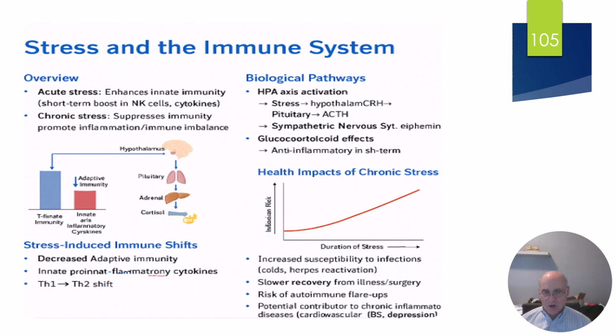There's a reactivation of viruses as a result. There's a slower recovery time from illnesses and surgery. There's more of a risk of autoimmune flare-ups, and most patients don't have just one autoimmune disease. They may have several, as I've pointed out before, and it's a potential contributor to chronic inflammatory conditions. Stress leading to inflammation, leading to chronic inflammation because there's no resolution of the inflammatory pathway.